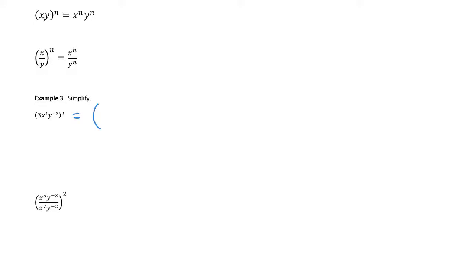I'm going to rewrite this as 3 to the first, x to the fourth, y to the negative 2. So all I did was just put an exponent of 1 on the 3. I did that because this 2 gets multiplied to the 1, the 4, and the negative 2. This is 3 squared, x to the 8th, y to the negative 4.